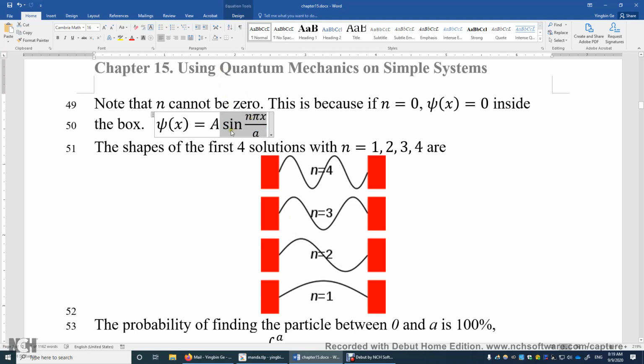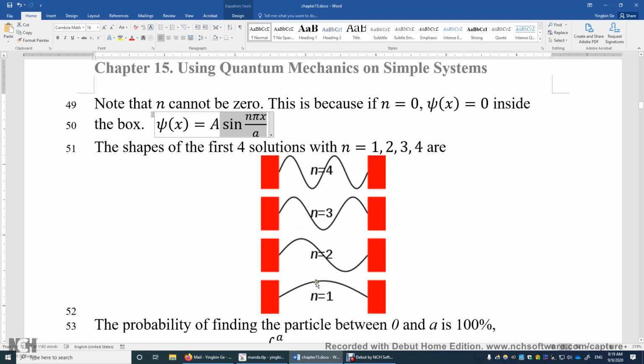When n is 1, we have sine pi x over A. So when x is 0, the function is 0. When x is A, we have sine pi. It's also 0. When x is 1/2 of A, you have sine pi times 1/2 of A over A. That's sine 1/2 of pi. Sine pi over 2 is 1.